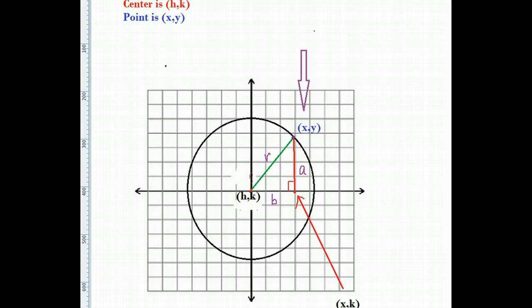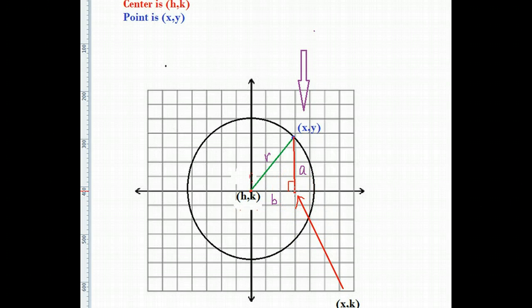The first thing we're going to do is name this point. But we're not going to name it randomly. We named the center randomly, we named the point on the circumference randomly, but this point isn't random. It's going to be called x, k. And why x, k?